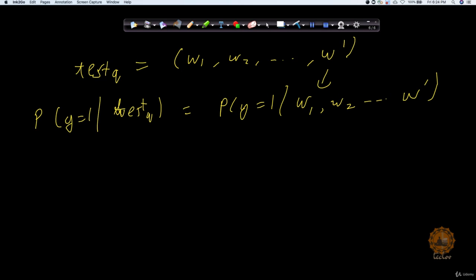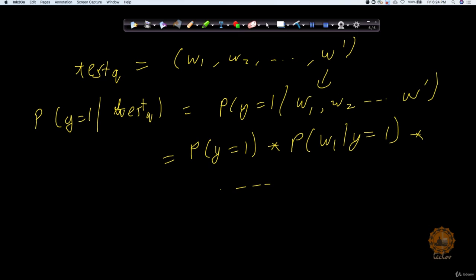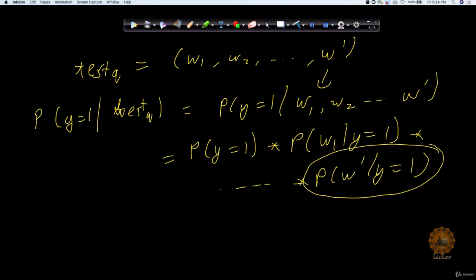Now, if I break down this probability as per Bayes theorem, it's going to break down something like this: probability of w1 given y equal to 1. This is going to come from the training set, and it's going to go on, but in the last I will have probability of w dash given y is equal to 1. Now the problem is, I have no idea what to do with this term.